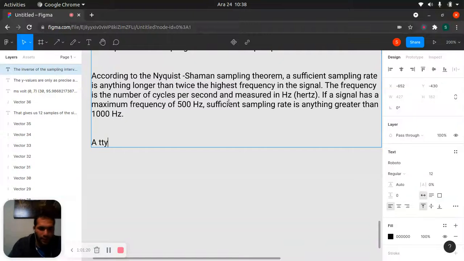A typical sampling rate for music recordings is 48 kilohertz.